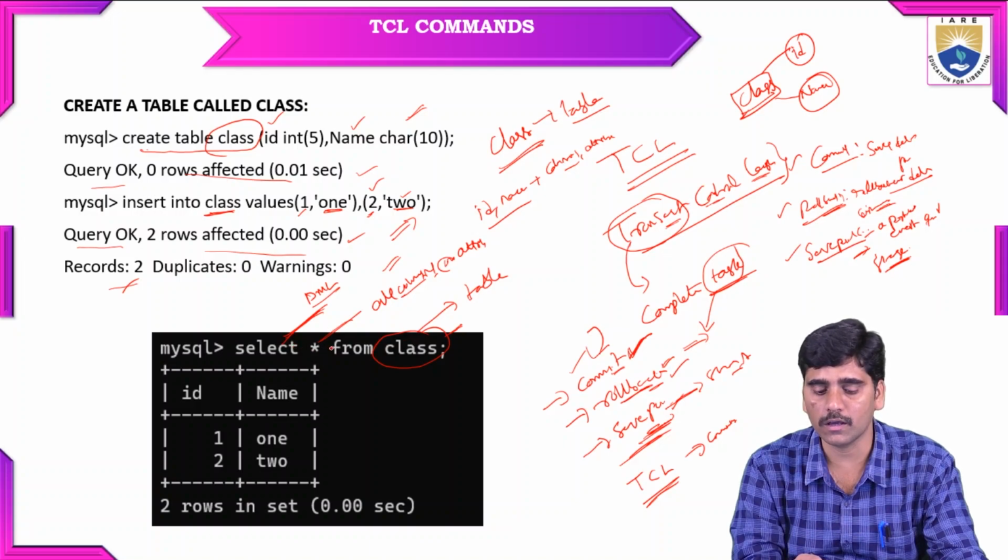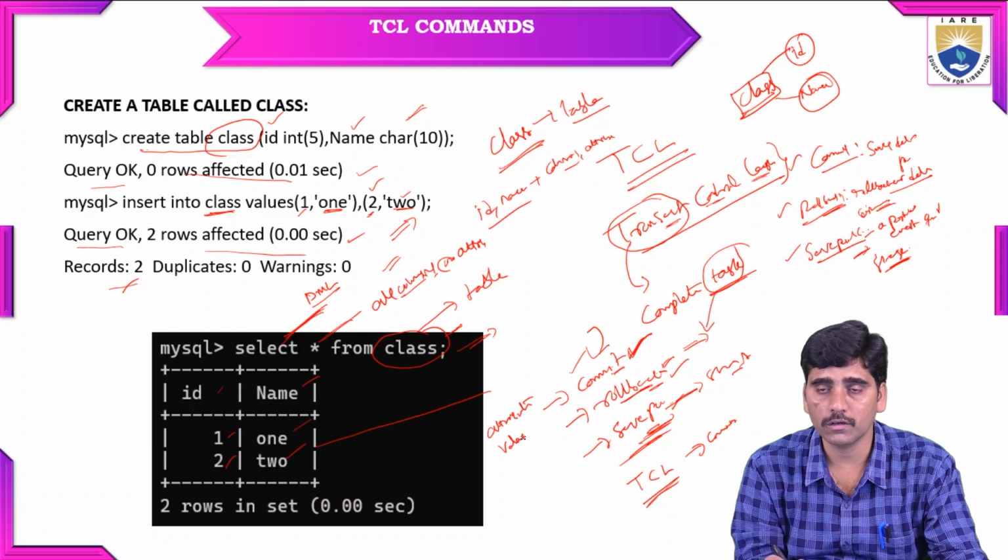So, select star from class. When I give this command, it automatically displays the names of the attributes of the table as well as the attribute values. Here ID and name are the two attributes, and here 1 and 2 are the attribute values, or column values.